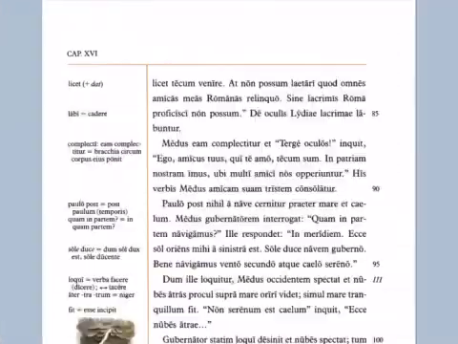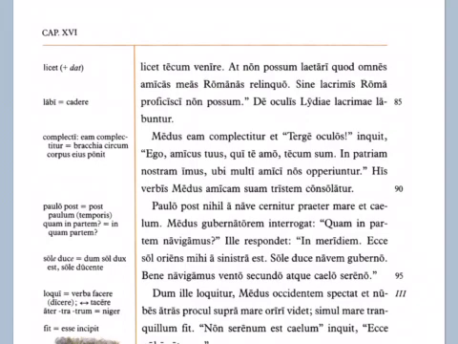Quod mihi licet te cum venire, because it is permitted for me, mihi, to come with you. At non possum laetari, but I cannot be happy. And notice laetari is a passive infinitive form, but we say I'm not able to be happy. It sounds more active in English.